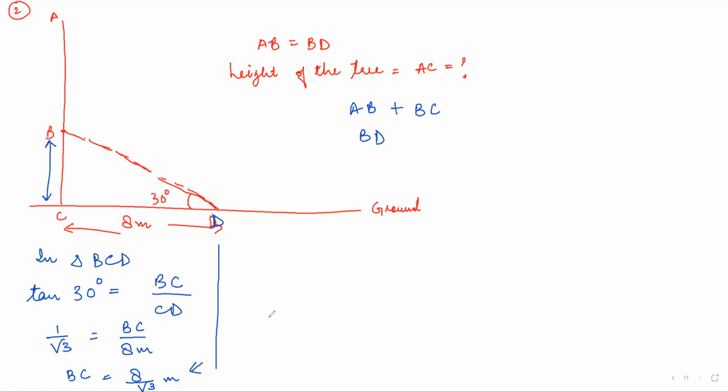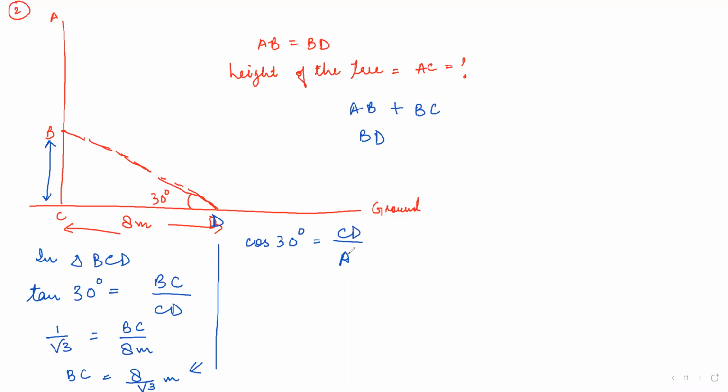Okay. Now in the same triangle, I want to find hypotenuse, BD, right? I have base also, I have perpendicular also. So any ratio I can use now, sine or cos, whichever you wish. If I take cos 30, it is base by hypotenuse, right?